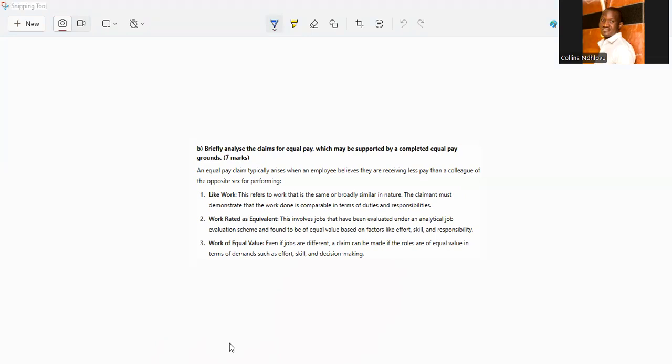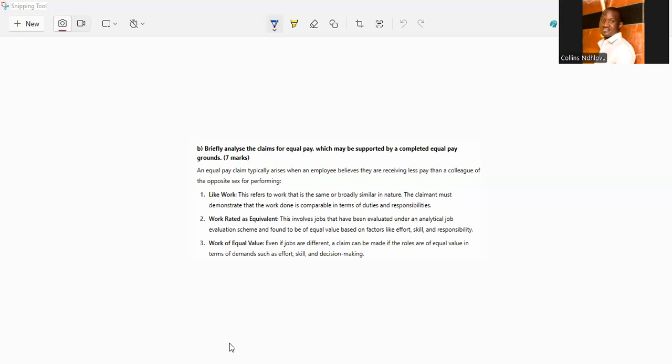Two jobs that look very different may still require, number one, the same level of skill, number two, the same amount of effort, number three, the same decision-making responsibilities. For instance, we have a female cleaner and a male warehouse assistant. They might not do the same jobs, but these jobs are equally demanding. So they should also claim to be paid fairly, all right?